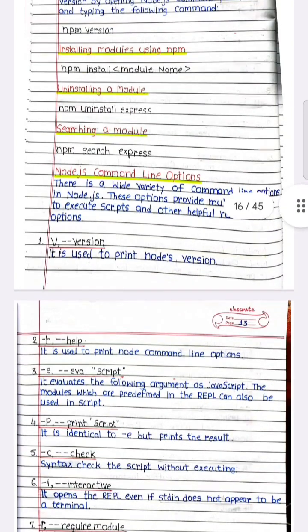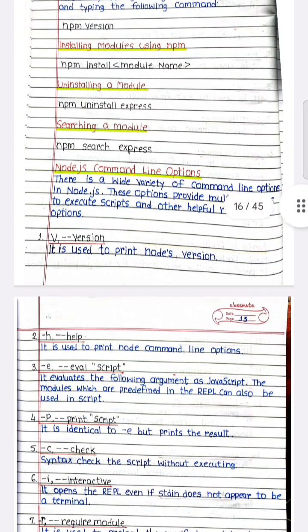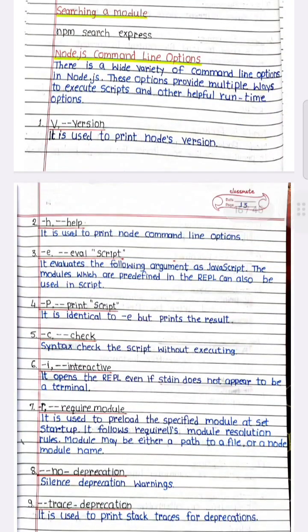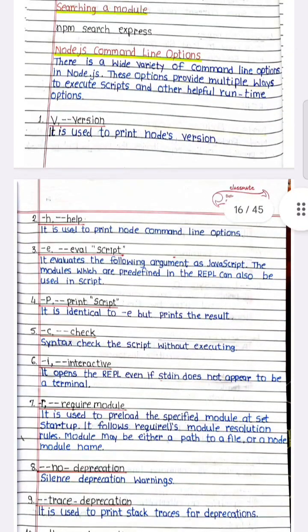Some commands I have written here. If you want to check the version, you can write node space hyphen version, which prints the Node version. If you want to check help, you can use -h or --help. Shortcuts and long forms are both written here.